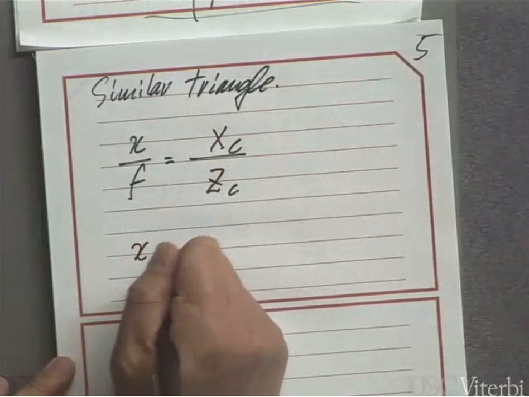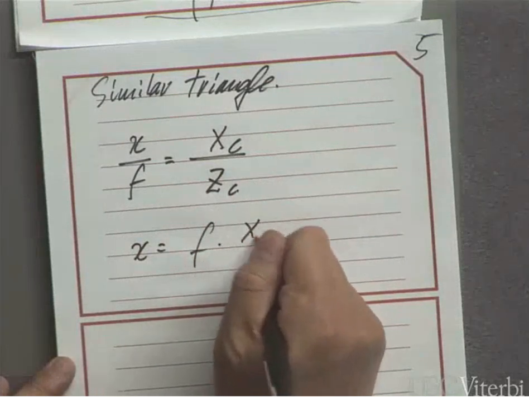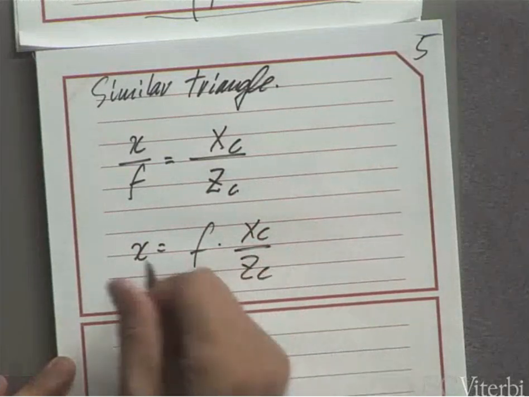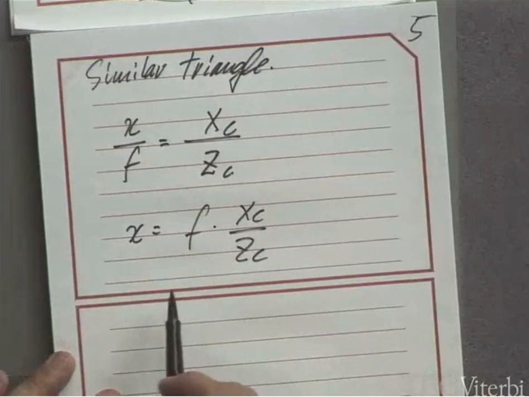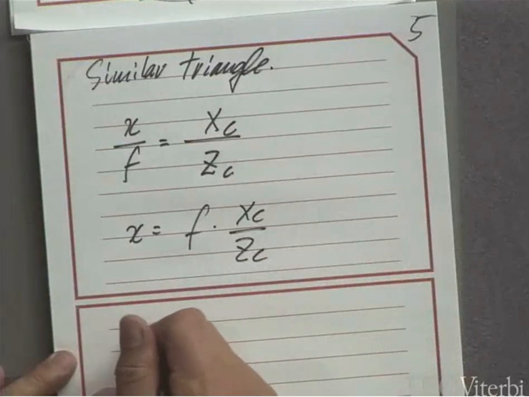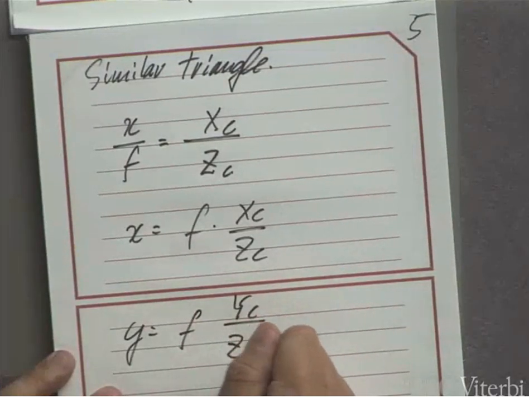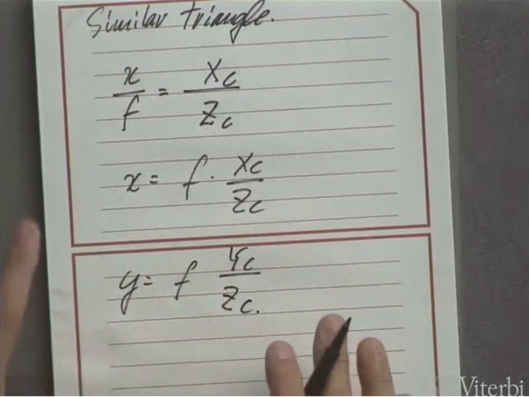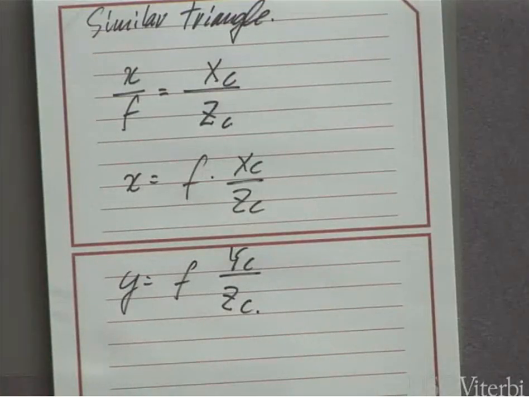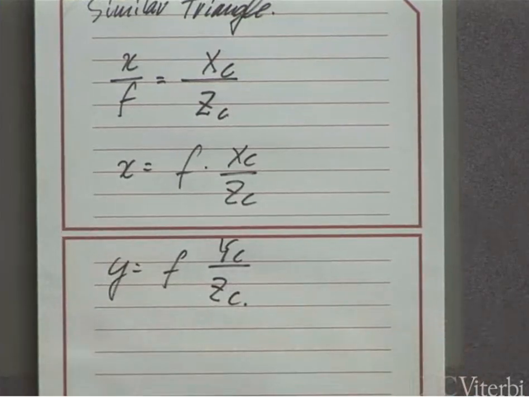So x is just F XC divided by ZC. And similarly for y, y is F YC divided by ZC. So you write down this, and then you check the figure. Operator, can you switch back to the computer screen?